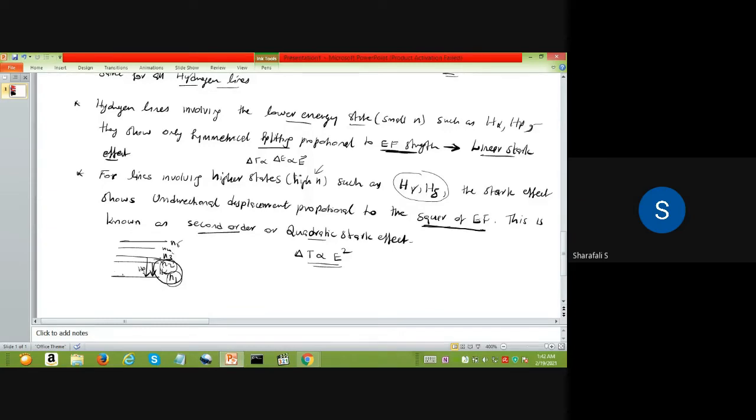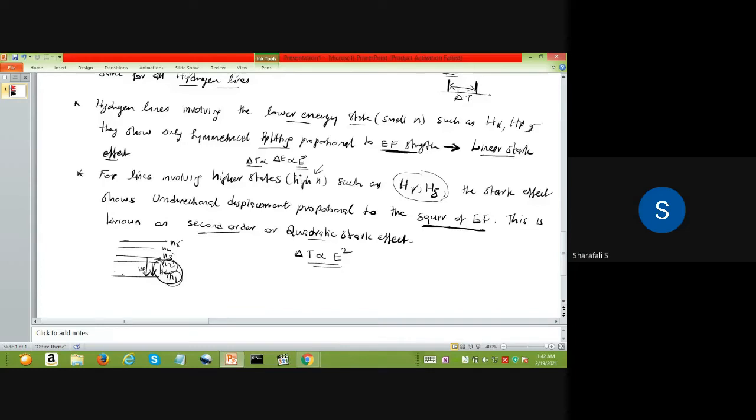That means your spectral shift, delta T, is like this: for example, if you have two spectral lines, delta T is the shift between them. This shift will be proportional to the applied electric field. If you increase the electric field, the shift will increase; if you reduce it, the shift will reduce.